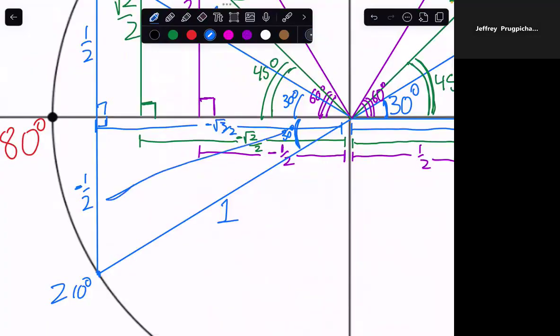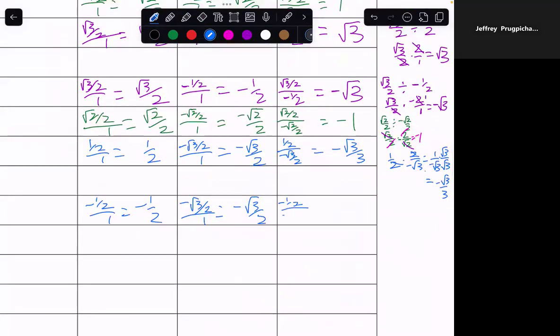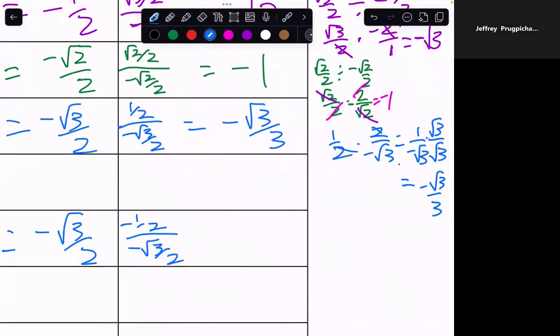Okay, so opposite over adjacent, negative a half over negative radical 3/2. Okay, seems like an awfully familiar calculation, right? We basically just did it, except the signs are different. Okay, so negative times negative becomes positive. So again, 1 over radical 3, we can rationalize to radical 3/3. But this time it's positive.